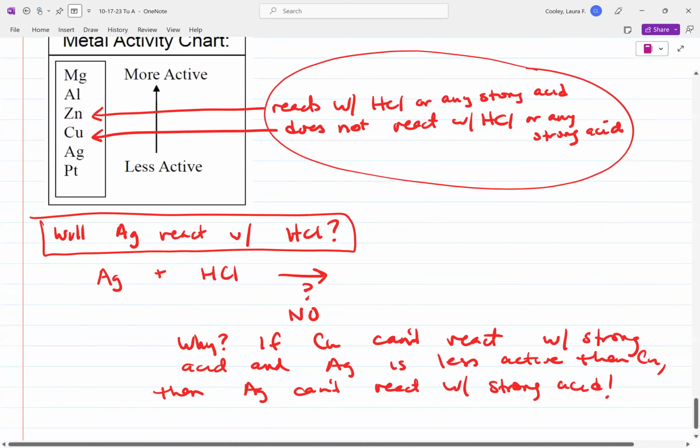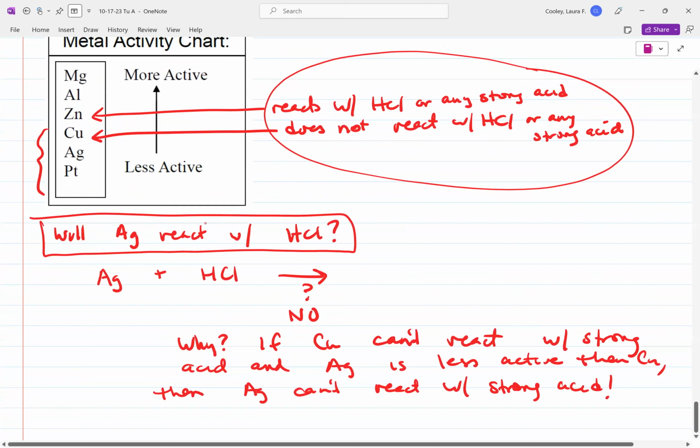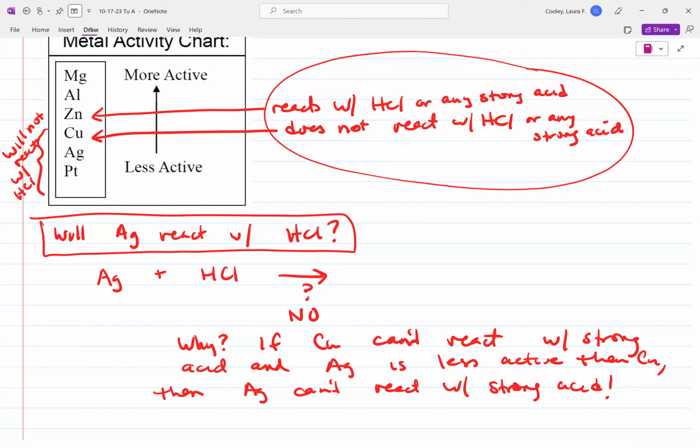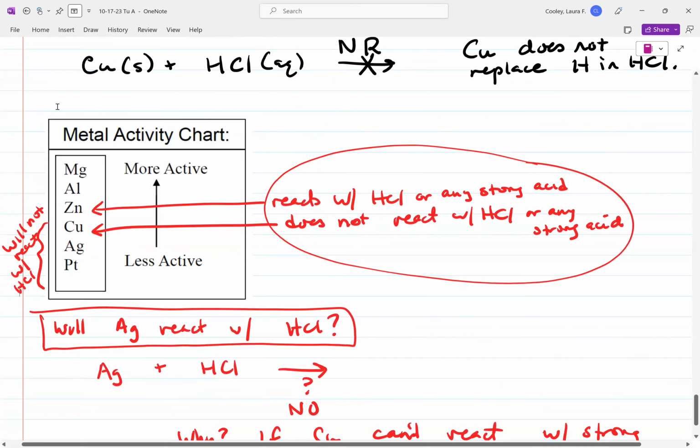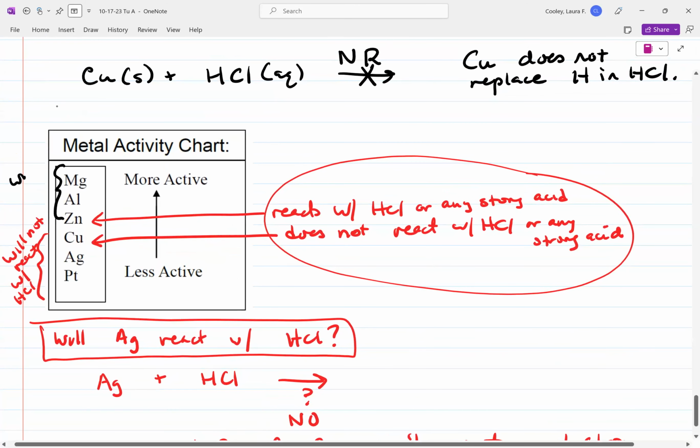So basically, anything down here will not react with HCl or any other strong acid. And all these guys up here will react with HCl. Okay.